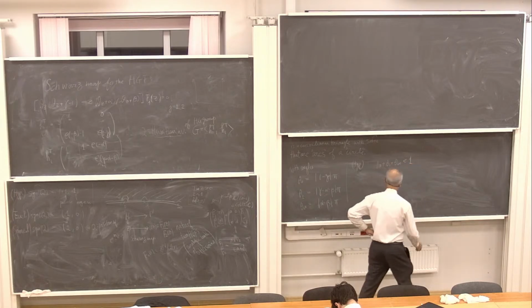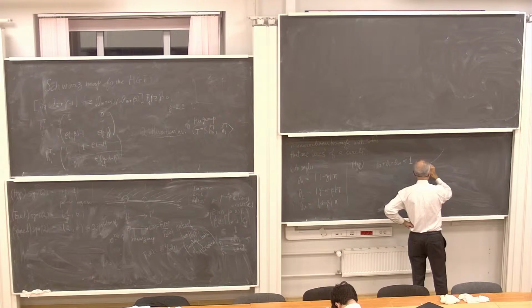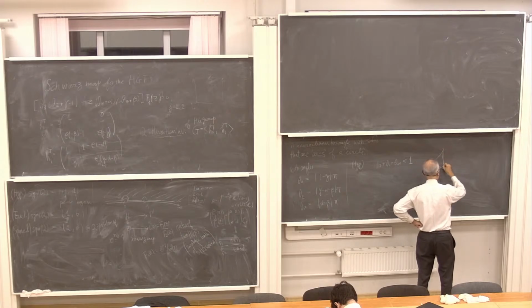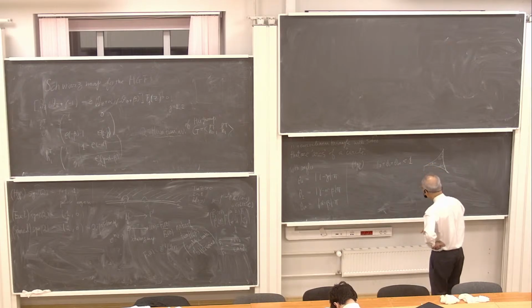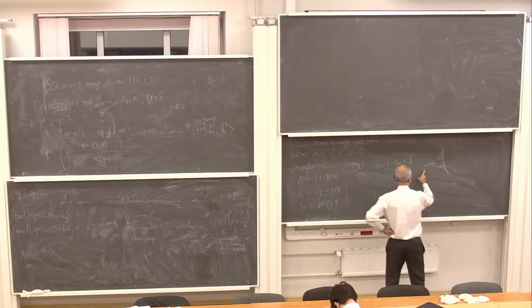That is, say, the triangle looks like this. The angles are theta 0 pi, theta 1 pi, theta infinity pi. The summation of the 3 angles is strictly smaller than pi.